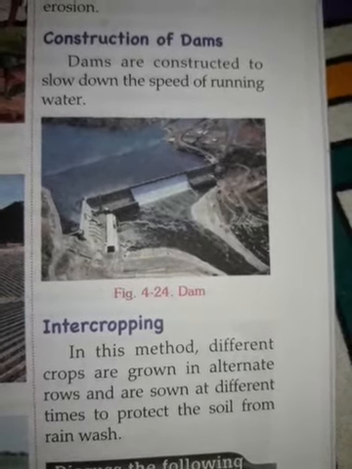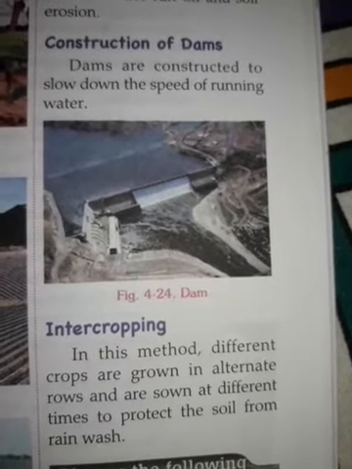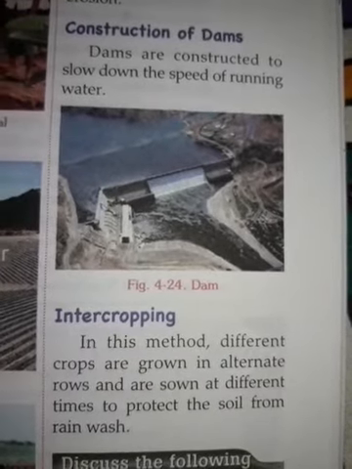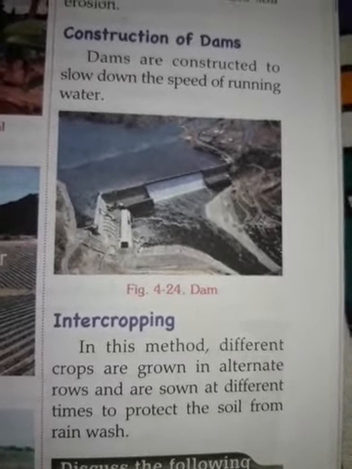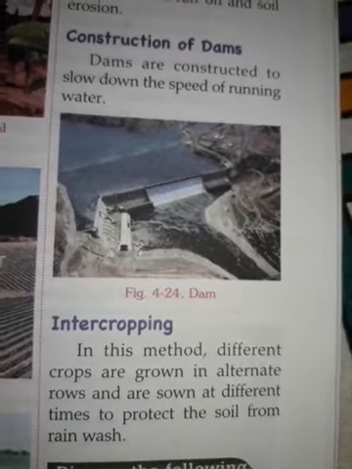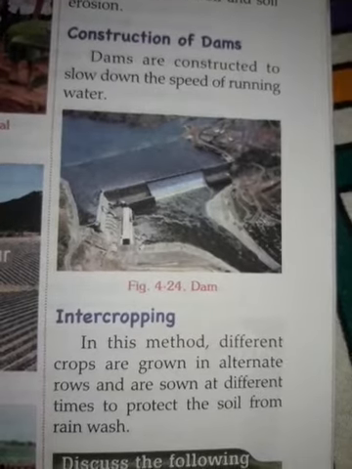In this way the soil can be protected from erosion. Then intercropping. In this method, different crops are grown in alternate rows and are sown at different times to protect the soil from rainwash.